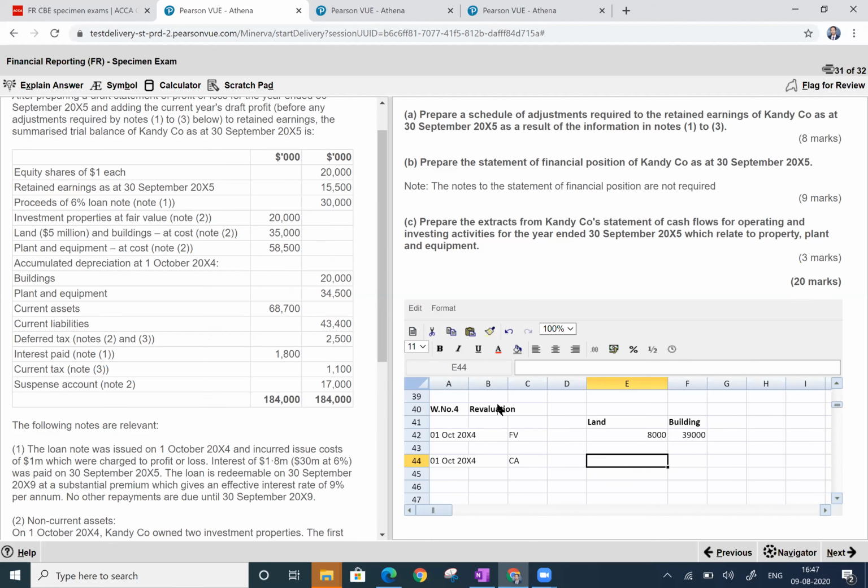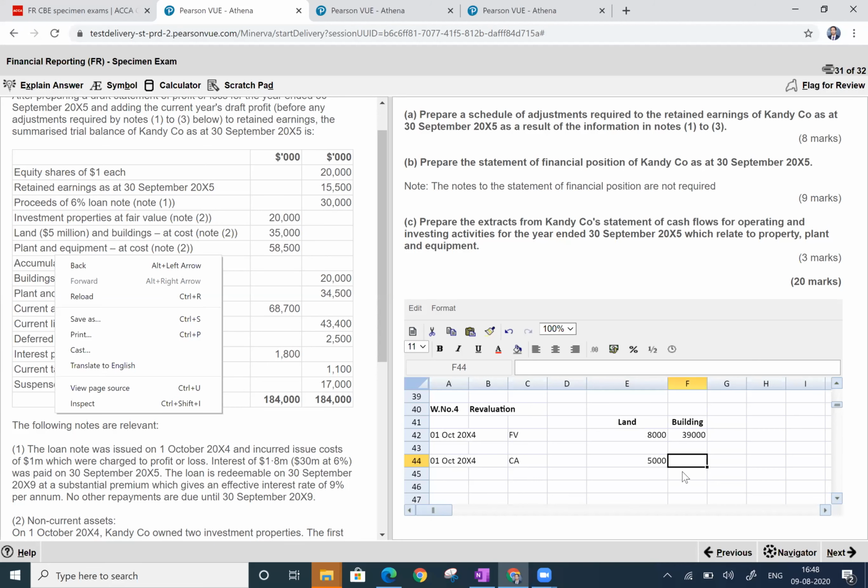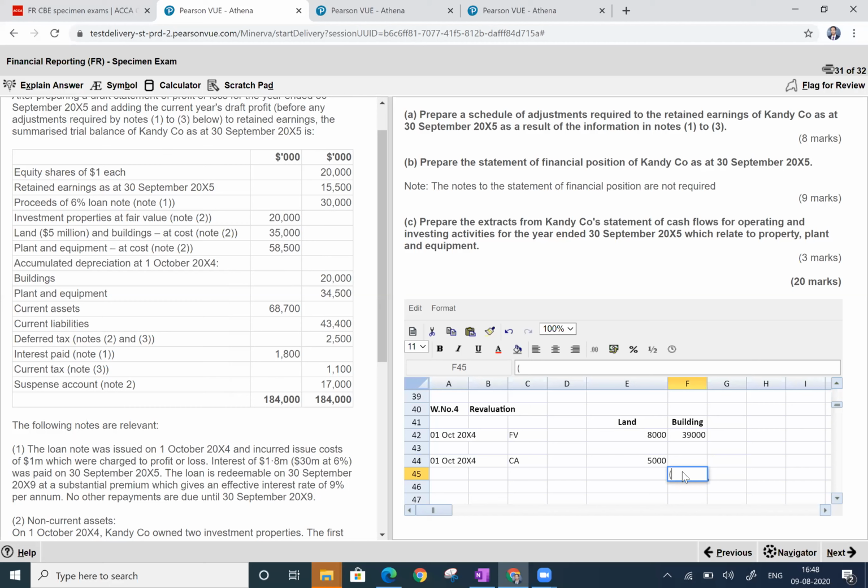So let's go here. Land. Anyway, land will not have depreciation. So what was the amount in land? 5 million, so 5,000. Building carrying amount. See, building cost is 30 million. How did I get the cost of building as 30 million? The total is 35,000 for land and building. Out of that, 5 million pertains to land.